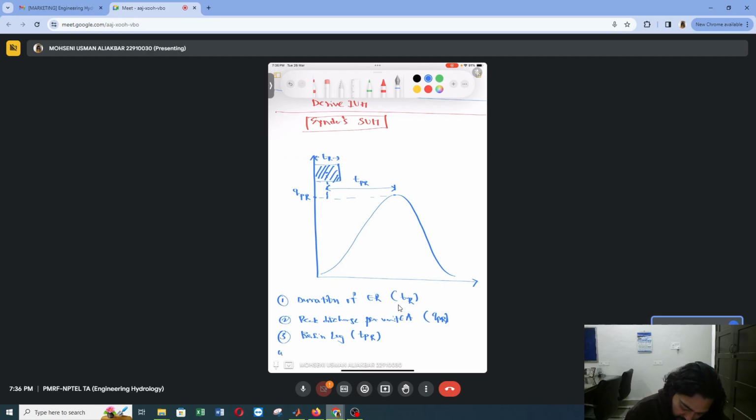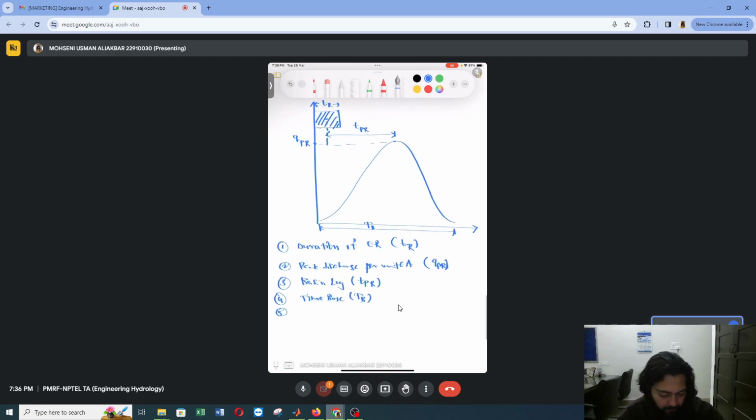Right? Then the next characteristic is time base. So time base is nothing but the total time. This is nothing but TB. And the last, fifth characteristic is the width of the synthetic unit hydrograph at 50% and 75% of QPR, right? So there would be some width.